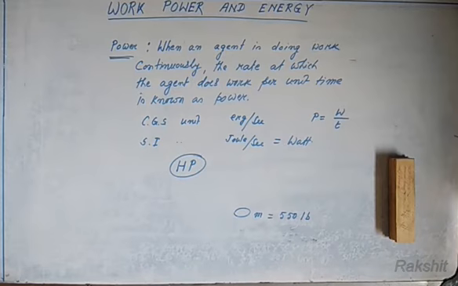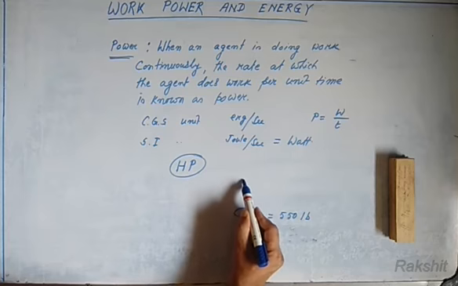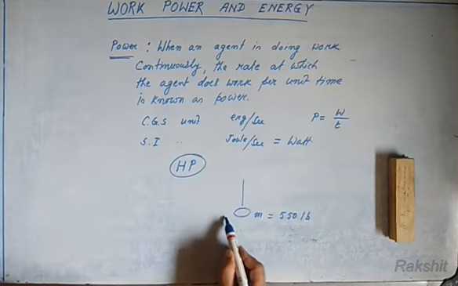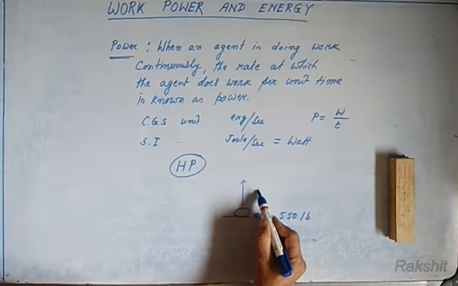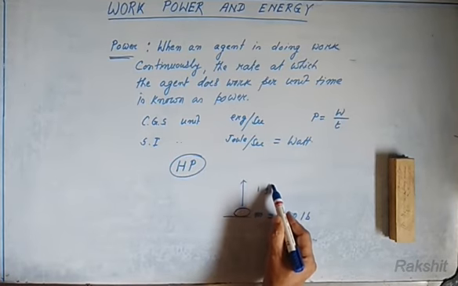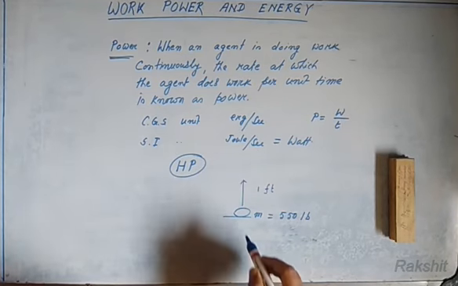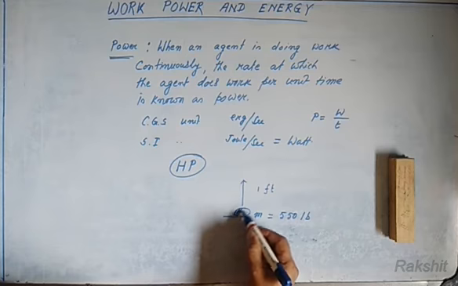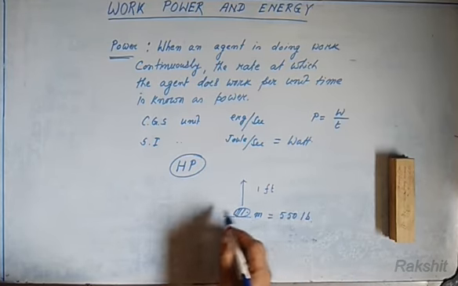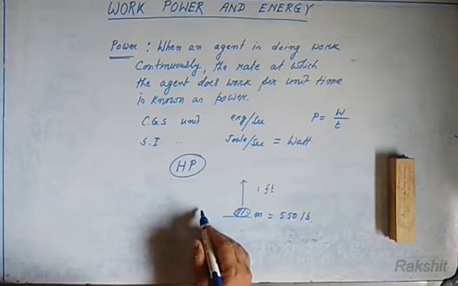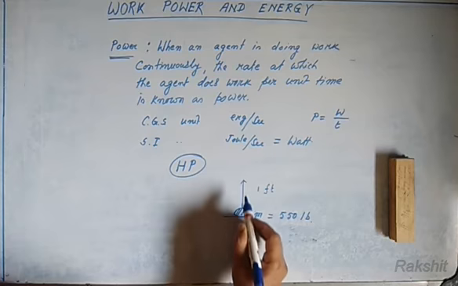And the external agent lifts the body from ground through a distance of 1 foot. So a very simple example: a body having mass 550 pound, and we have employed an external agent to lift this mass through 1 foot.